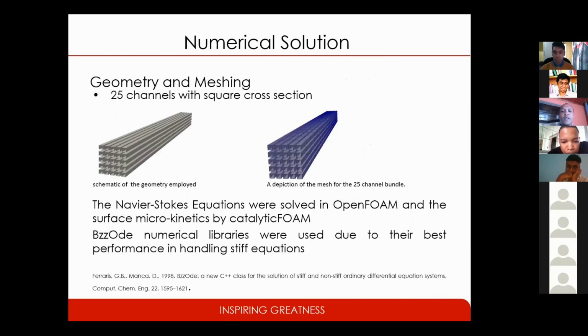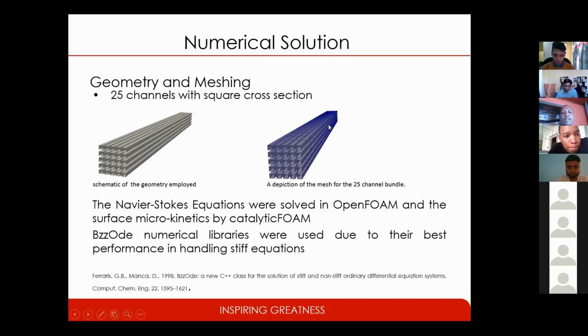So in CFD, first of all, you need to have a geometry. Remember, I spoke about some geometry and meshing. Now, for instance, in this case, in demonstrating, we have 25 channels. This is the geometry that you will have created. And now this is how the geometry and meshing are represented in this case.